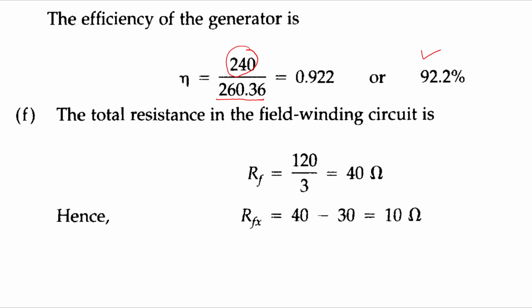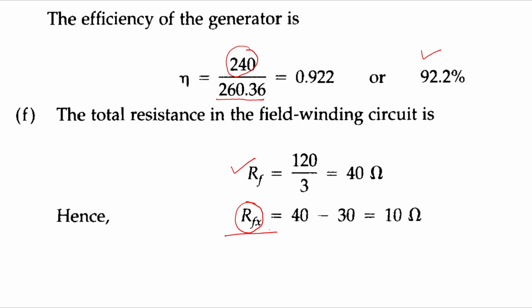Now part F is the total resistance in the variable resistance we need to find, RFX. If we find the effective resistance RF, then I can subtract the resistance of the field winding, and I'll get the extra or external resistance connected to the field, right?